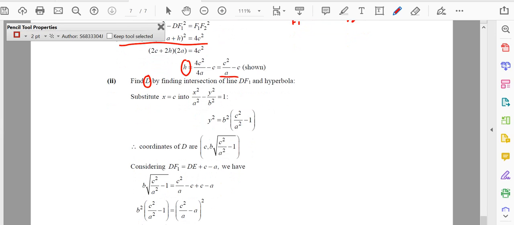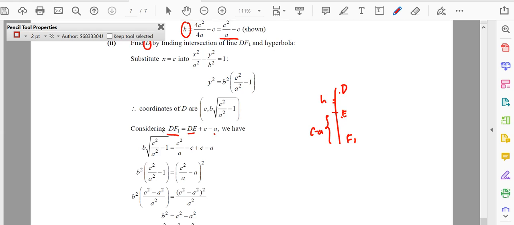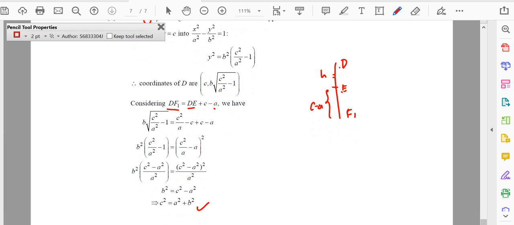Once you know D has this coordinate, you can plug it back into any of the equations that involve the length. So we have found DF1, for example, to be DE plus c minus a, right? That means we consider this length DF1 to be DE plus the radius of the small circle, which is c minus a. We just found this to be h. So once you plug it in and unpack it, you'll be able to get c squared equals a squared plus b squared.